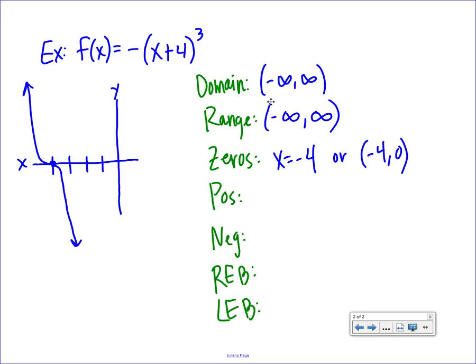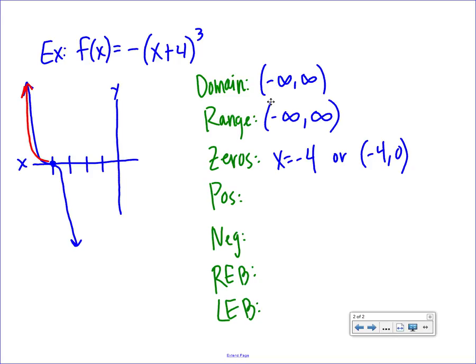Now we're going to use that 0 to help us figure out where it's positive and negative. This is the positive part of the graph, where it's above the x-axis. But we have to say that according to x. So it's positive, this whole part of the function. It will just keep going, right?